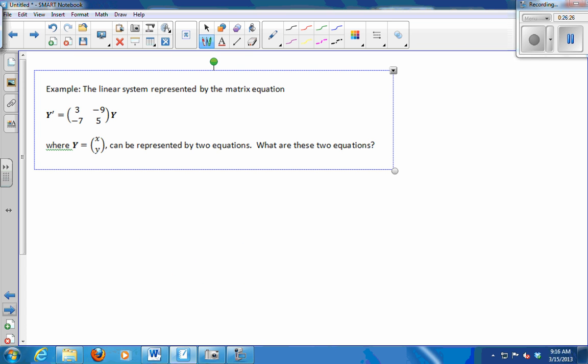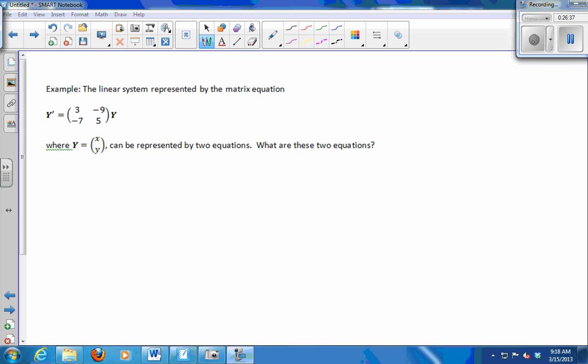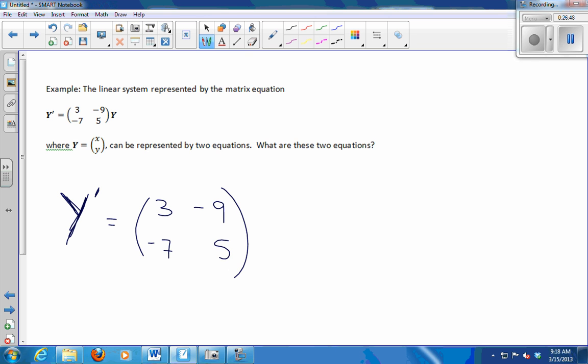All right, so now here's a linear system represented by a matrix equation. Convert it back to two equations. X prime equals, y prime equals. They've given us y prime equals 3, -9, -7, 5 times y.